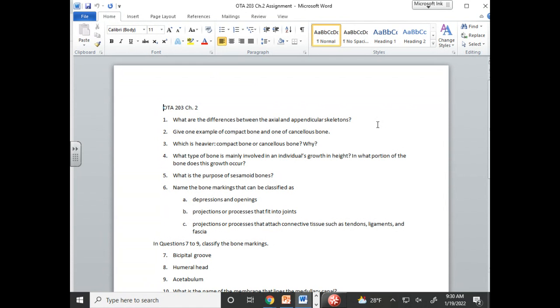Condyle, eminence, facet. Good. And then what is classified as projections or processes that attach connective tissue, such as tendons, ligaments, and fascia? Trochanter. Very good.